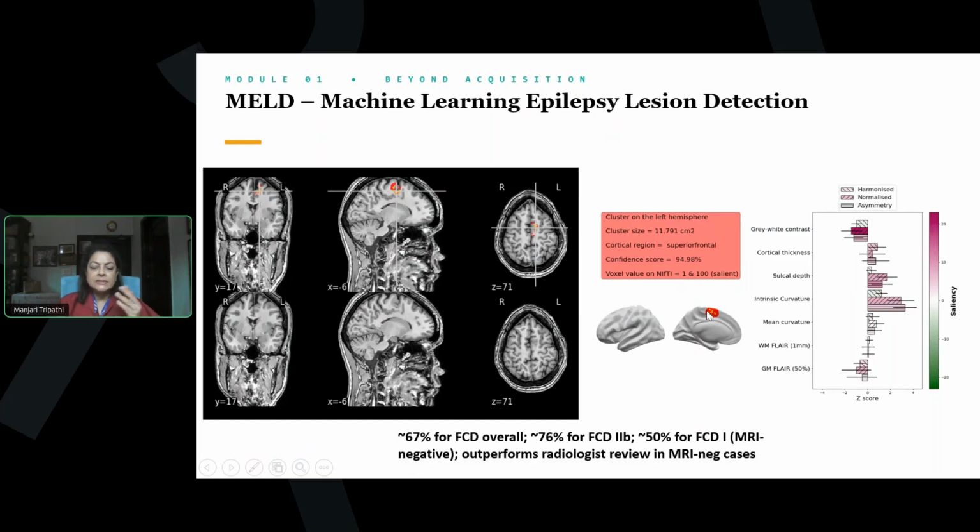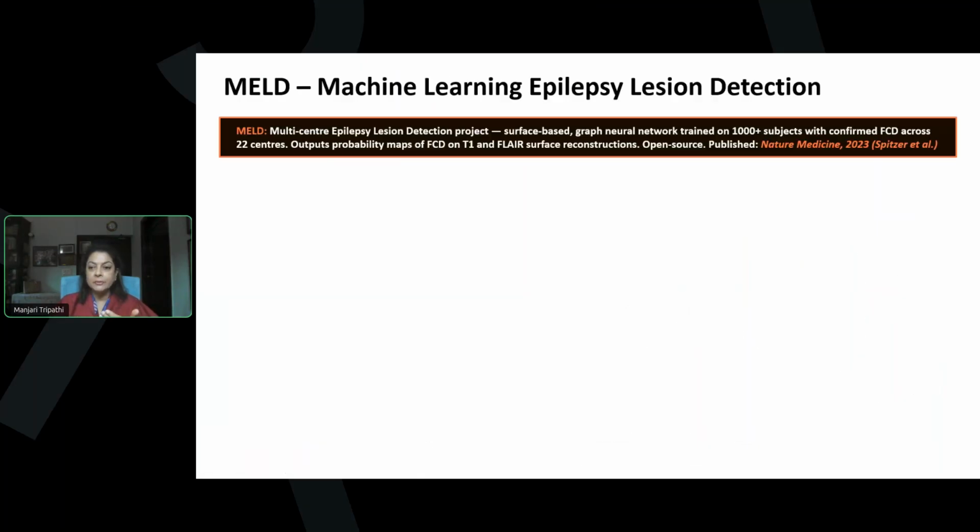And this is really a unique way. It picks up 67% for FCD, and 76% for FCD type 2 and 50% for FCD type 1. So wherever you have a very subtle anomaly, the MELD really helps you, and most centers can be doing it. It's been published in Nature Medicine 2023.